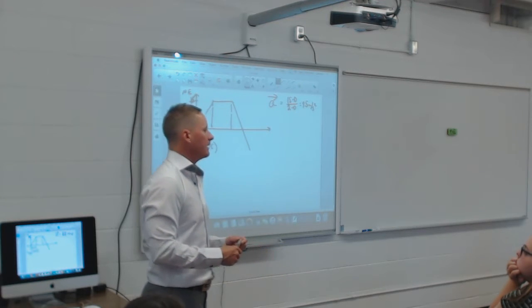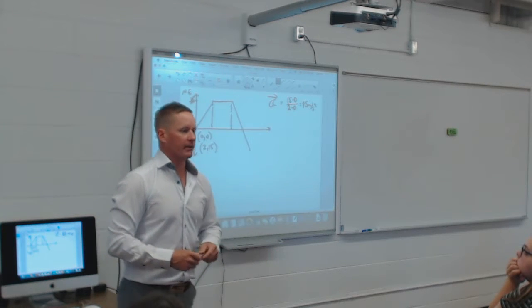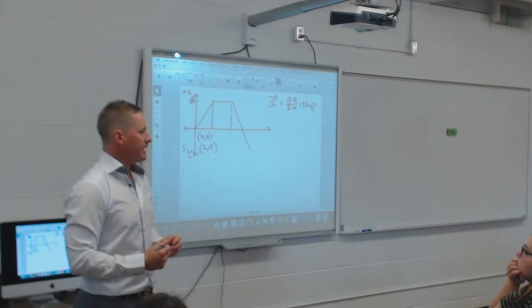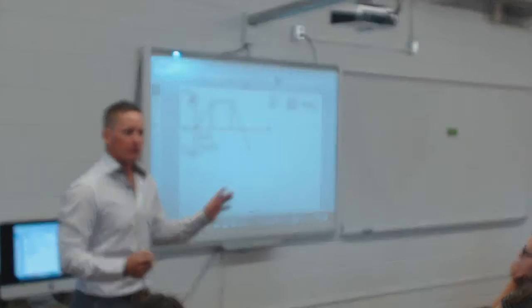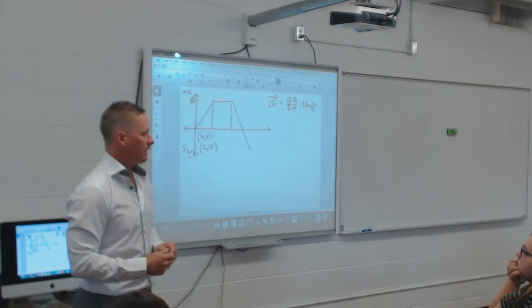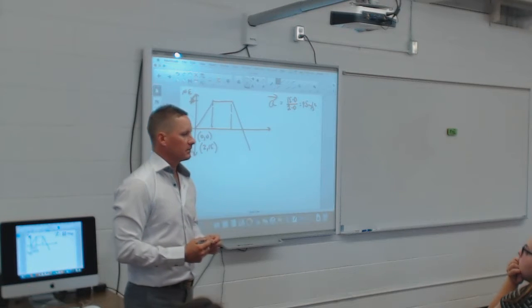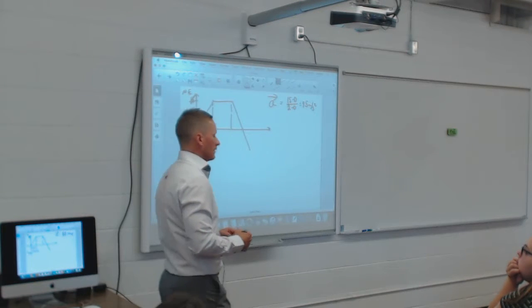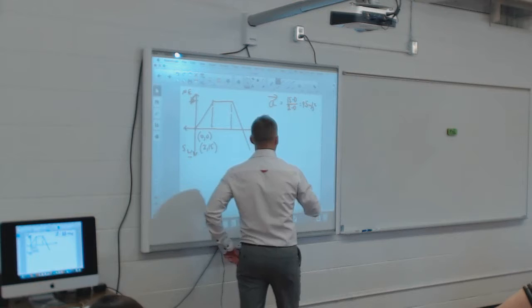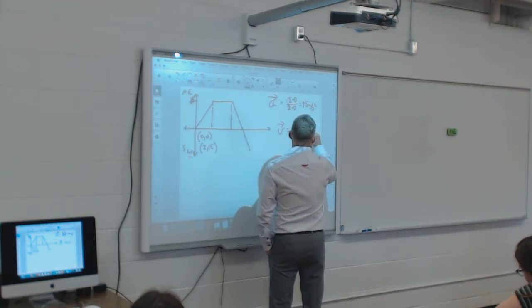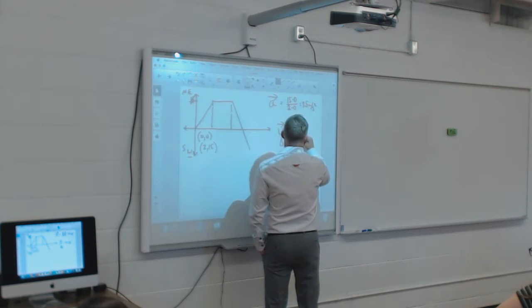Very good. How fast am I moving right now? 15 meters per second. We all agree? Looking at that, 15 meters per second? Awesome. How long did I go 15 meters per second for? 3 seconds. So you're telling me that I went a velocity of 15 meters per second for a time of 3 seconds.